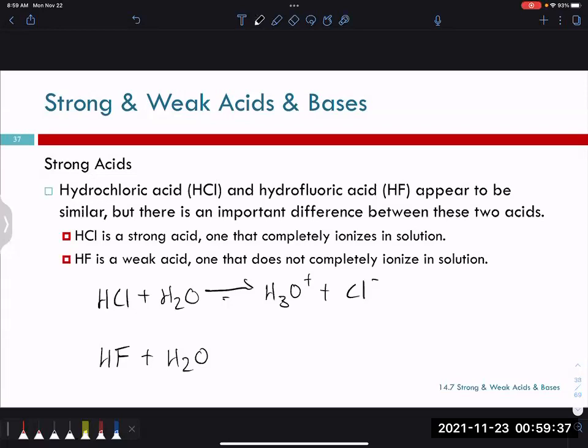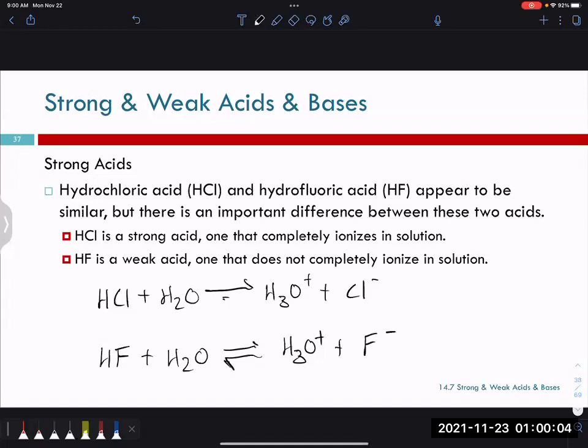When you add hydrofluoric acid, much fewer of those become ions, and it is closer to some kind of equilibrium where you've got a significant number of hydrofluoric acid in solution, as well as an amount of H3O plus and F minus.